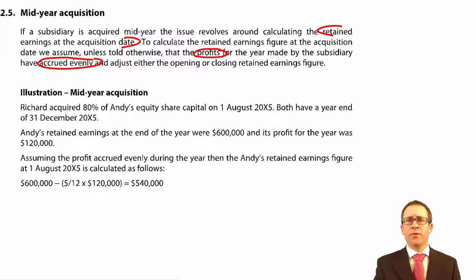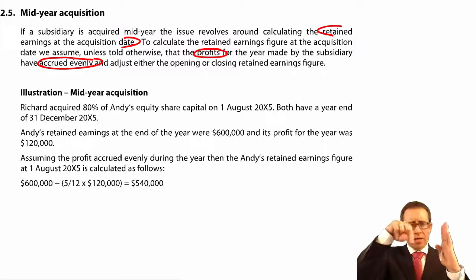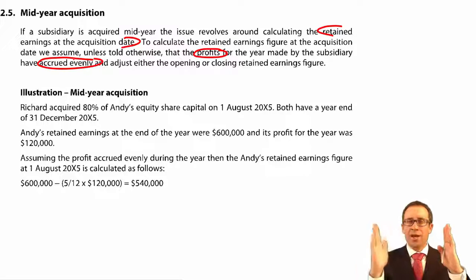Because you can look at your opening retained earnings and your closing retained earnings. We need to work out the retained earnings somewhere in the middle. If we know the opening and closing retained earnings, hopefully we know what the profit for the year is as well. Once you've got the profit, if that profit's accrued evenly, we know what the profit is for the full 12 months, isn't it?